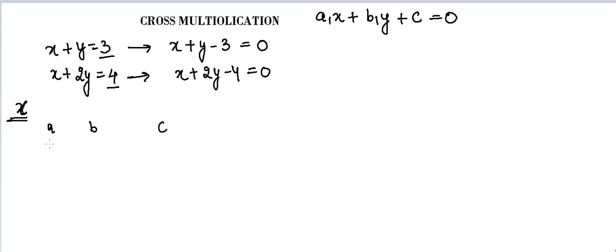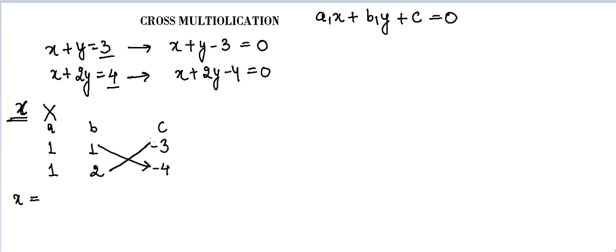The coefficients are 1, 1, here it is 1, 2, here it is minus 3 and here it is minus 4. Now for x, I will do the cross multiplication. First I will ignore the coefficients of x, so I'll ignore this part and do the cross multiplication here.